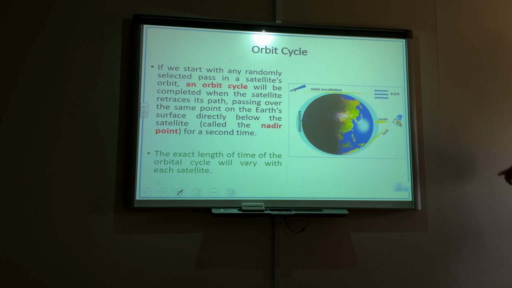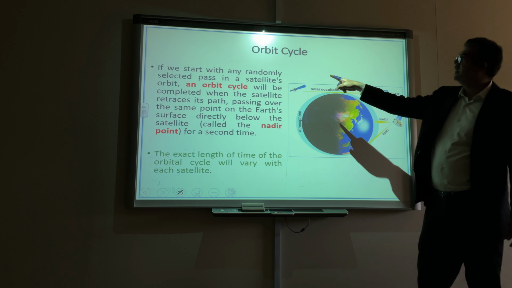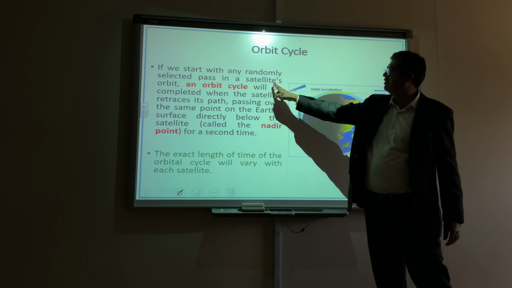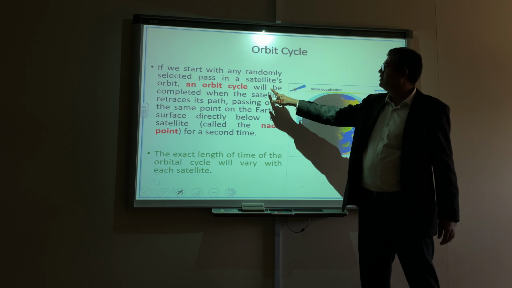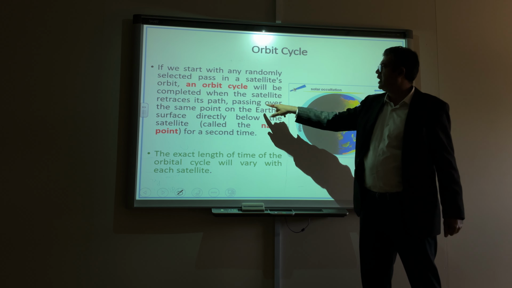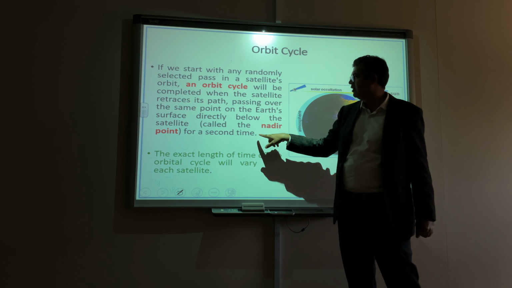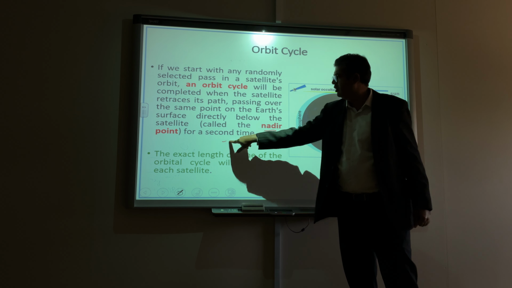Now this brings us to the orbit cycle. What is the orbit cycle? It starts with any randomly selected path in a satellite orbit. An orbit cycle will be complete when the satellite retraces its path, passing over the same point on the Earth's surface directly below the satellite, which is called the nadir point, for a second time.